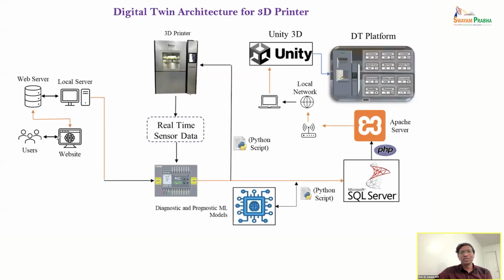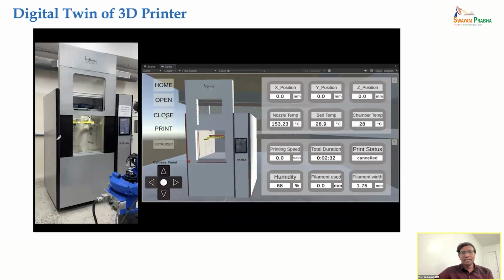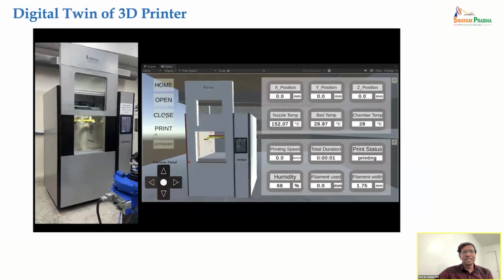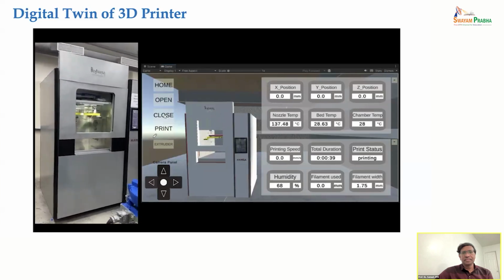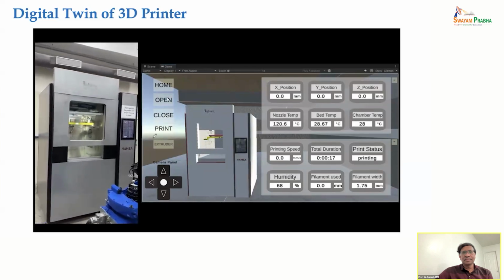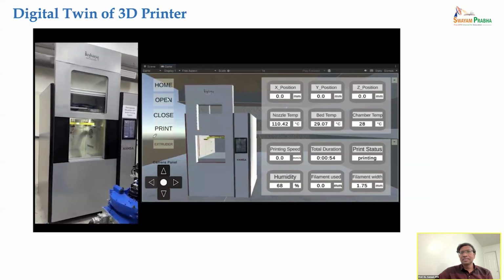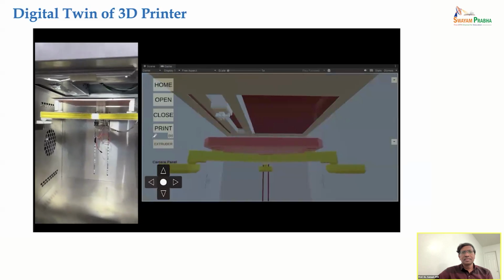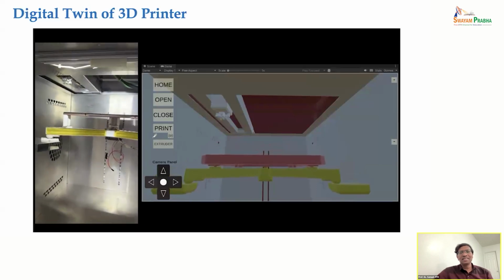So similarly, as we have shown for the CNC machine, the physical layer, the intermediate layer, then the collaborative layer, finally a connection to the web servers. Yeah, so this is the dashboard and it's the system. When the bed is moving, the digital twin also moves.